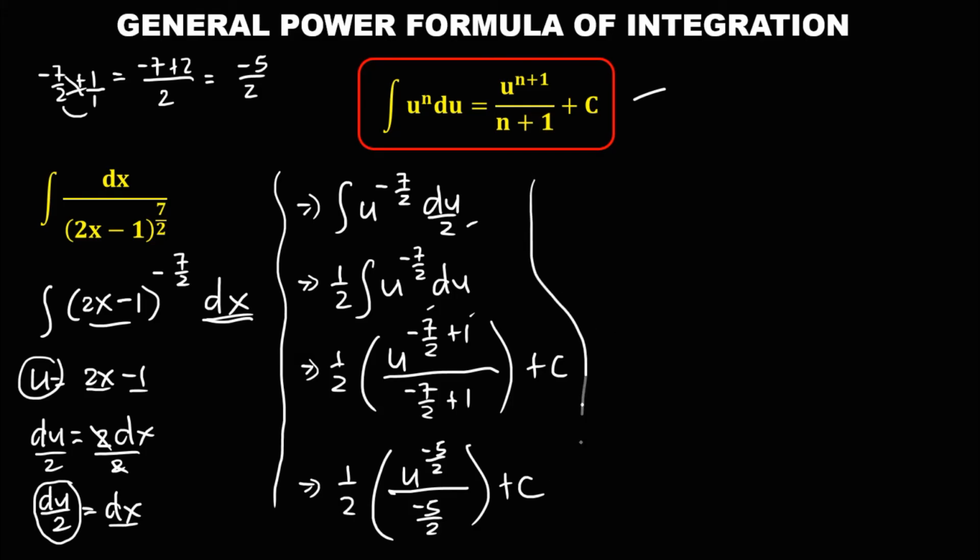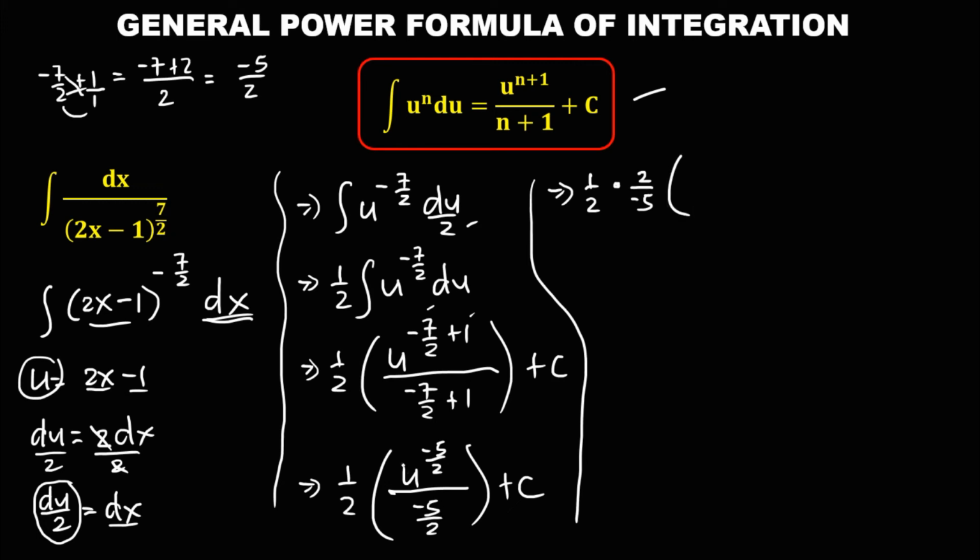Then to simplify, this becomes 1 over 2 times the reciprocal of this negative 5 over 2, so times 2 over negative 5.